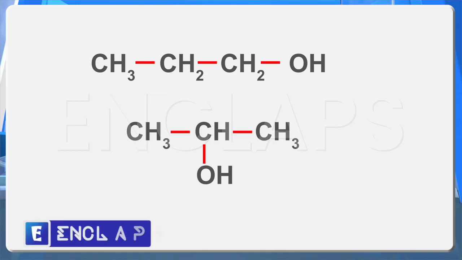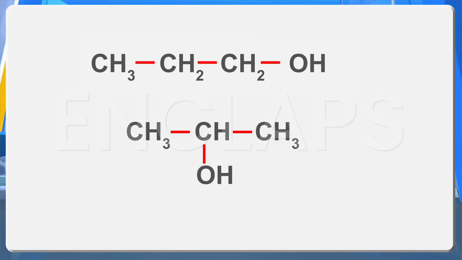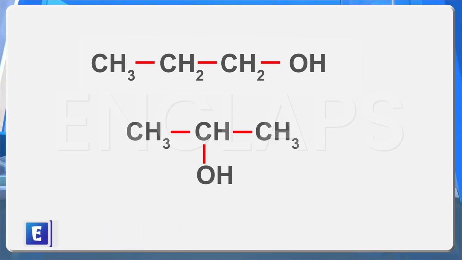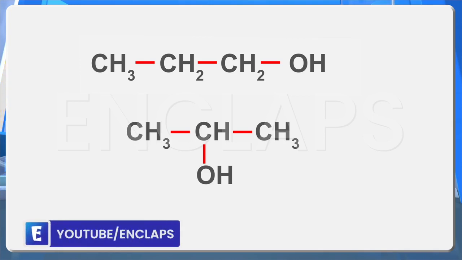Here are two alcohols. What is the difference between the two? Yes, the position of the functional group changes. In the second compound, the functional group is present as a branch on the second carbon atom. Here also, the numbering should be done in such a way that the carbon atom having the functional group gets the lowest number.